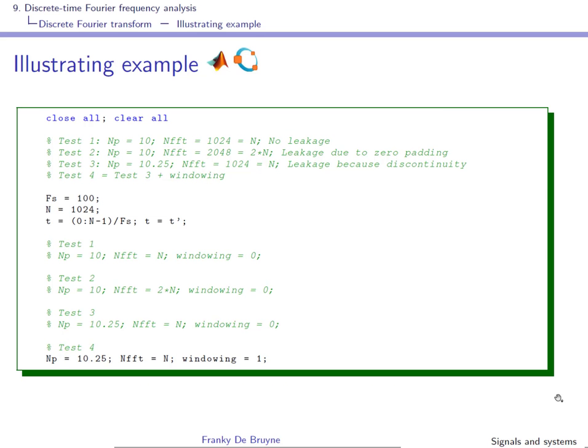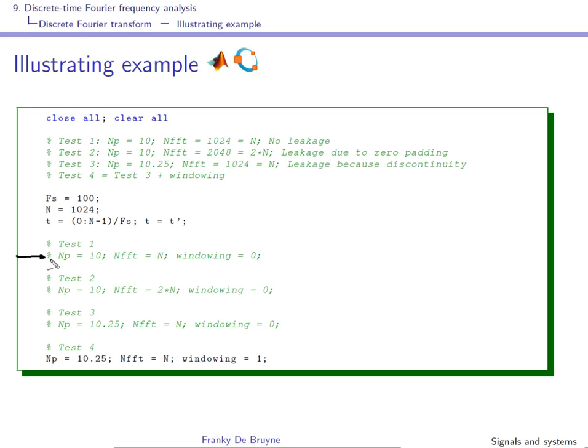So what we'll do here is take an example and illustrate the concepts of spectral leakage and windowing. What we have is an example that looks a lot like what we have done before. In test number 1, we'll have exactly the same thing as before.